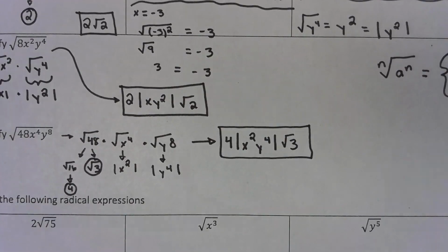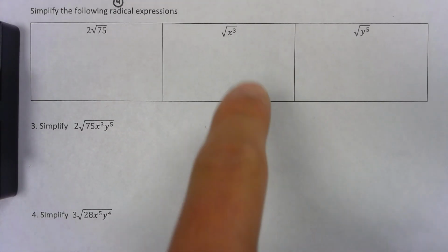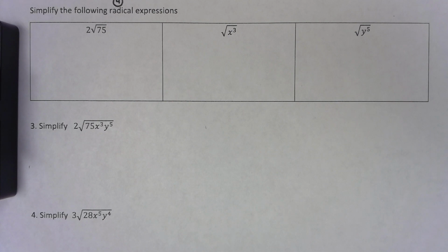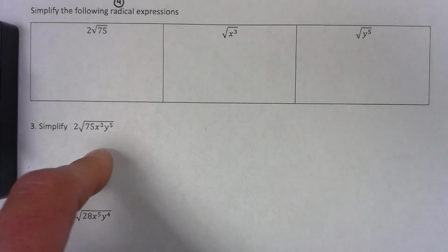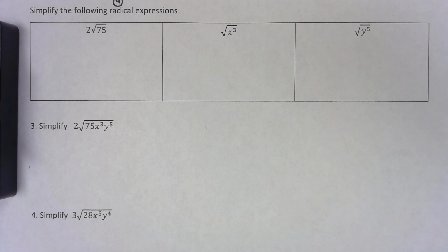All right. So now there's just a couple more things we're going to add on to this and talk about: what do we do with x cubed and y to the 5th when these exponents are odd. So we're going to combine all 3 of these things to eventually simplify 2 times the square root of 75 times x cubed times y to the 5th.